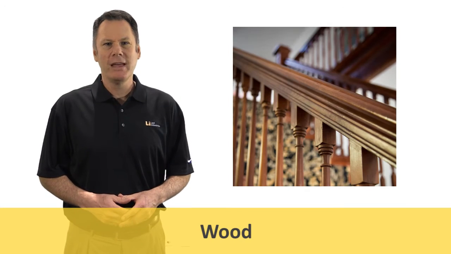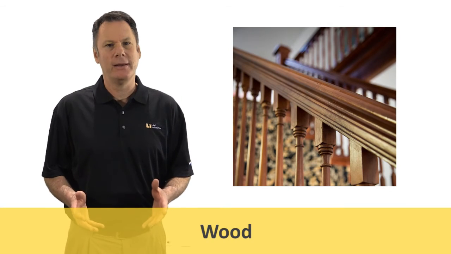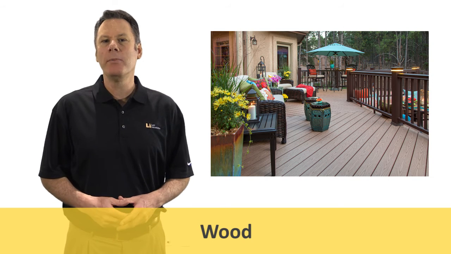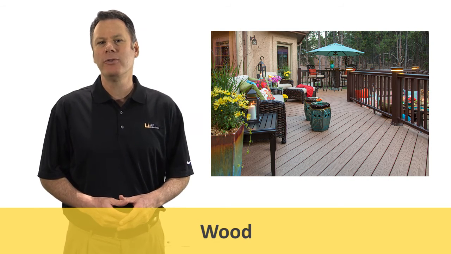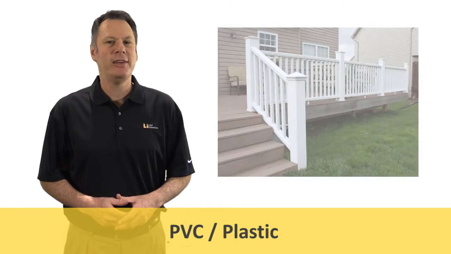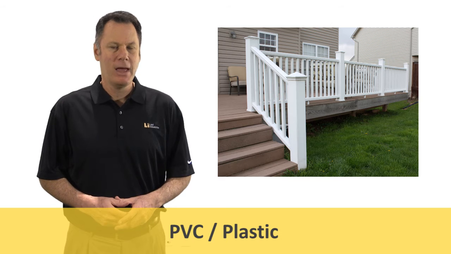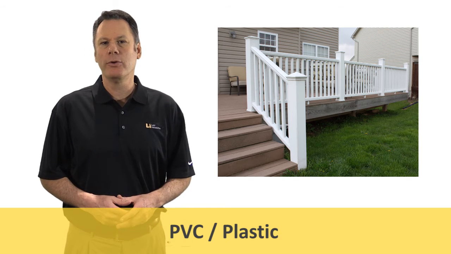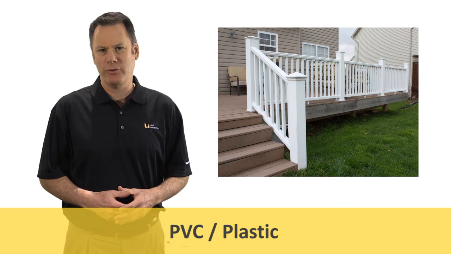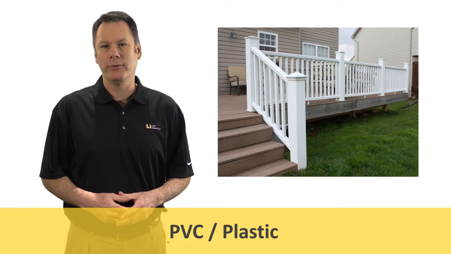Interior wood railings can be cleaned and maintained fairly easily. However, outdoor wood railing systems require regular, ongoing maintenance to prevent deterioration or rot from exposure to the elements. PVC plastic. PVC railing systems are considered low maintenance as they are not subject to the decay or corrosion of natural materials such as wood or metals.